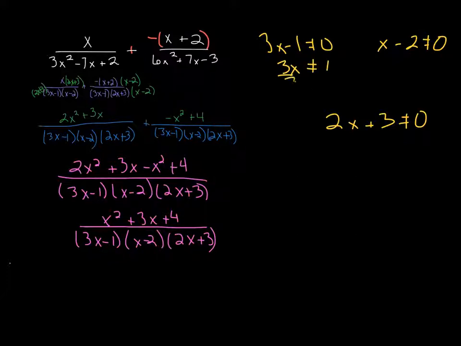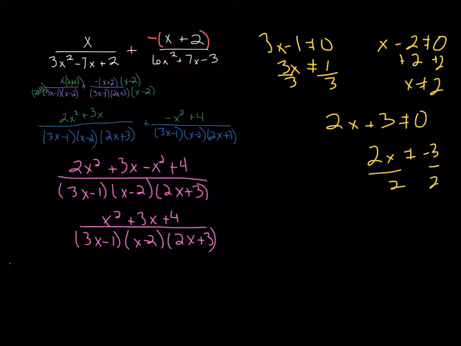And then divide by 3. So you get 1/3. Here we add 2. So x cannot equal 2. Subtract 3. 2x cannot equal negative 3. And then divide by 2. So x cannot equal negative 3/2, 1/3, or 2.